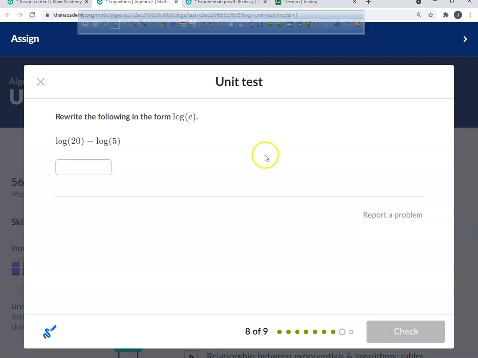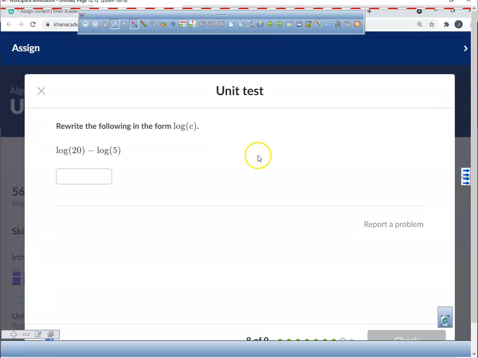Rewrite the following in the form of log C. So this is the last thing we're going to do today. I want you guys to do something with me real quick.